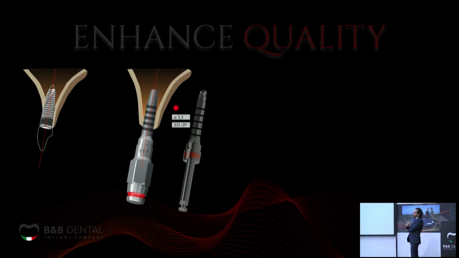We are not removing with the irrigation the vital cells that we have inside of the bone, and also we will have a better visibility because we are not using irrigation.